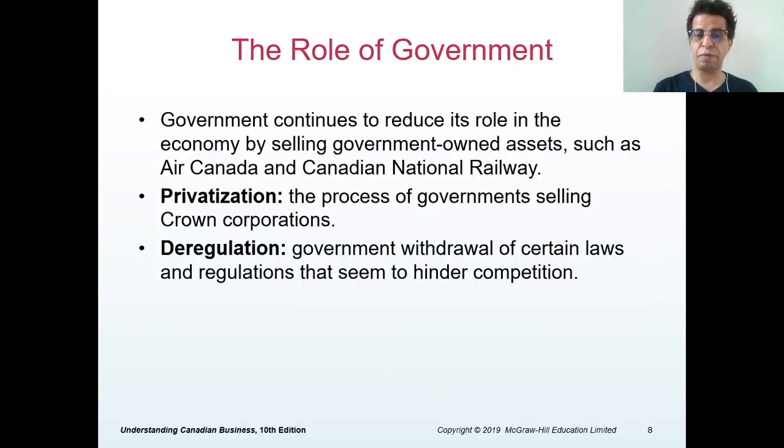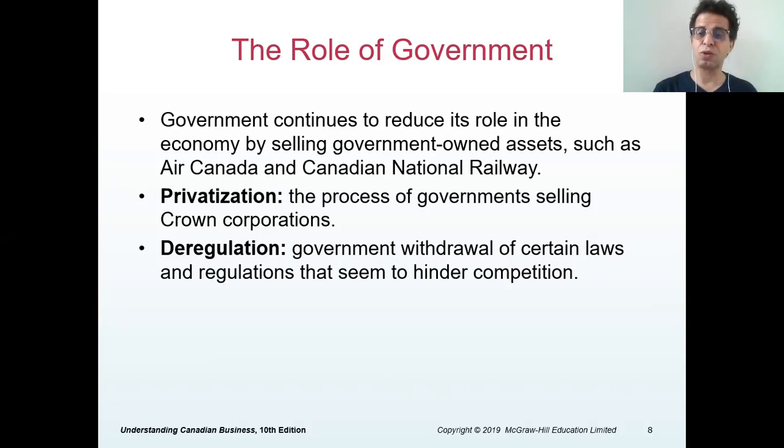The government continued to reduce its role in the economy by selling government-owned assets, such as Air Canada, which we know as Canadian National Railways. Once something becomes profitable, it is okay to sell it because better service comes from the private sector. Now, what is privatization? It is the process of a government selling a crown corporation.